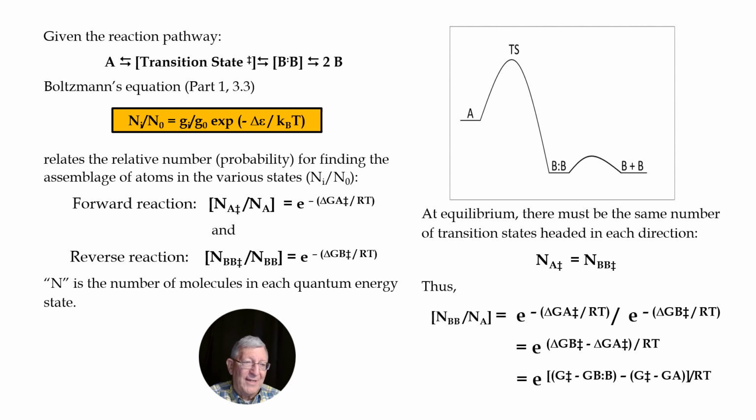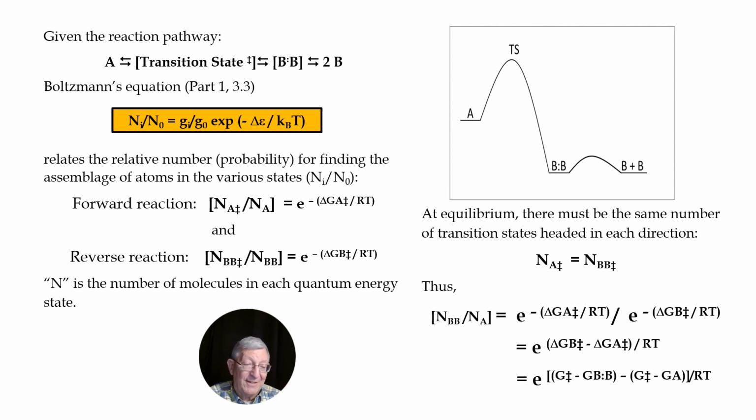The capital N in this equation, the thing in the golden box up there, is going to represent the number of particles. You can have the number of particles in the ith energy level and the number of particles in the ground state, that'd be N0. And that's going to equal the ratio of the degeneracies, Gi over G0.